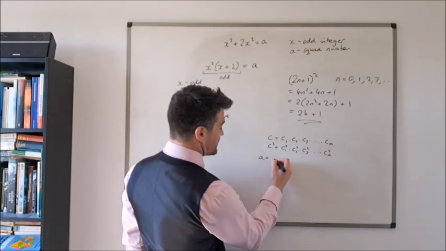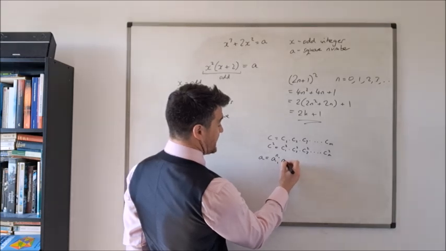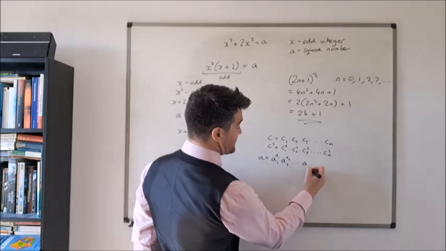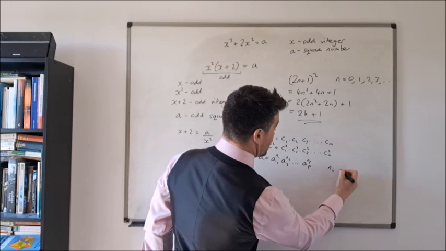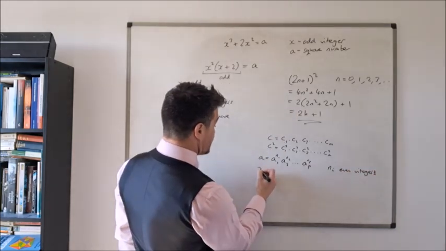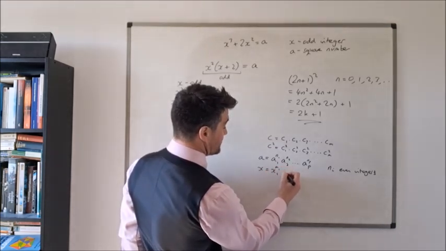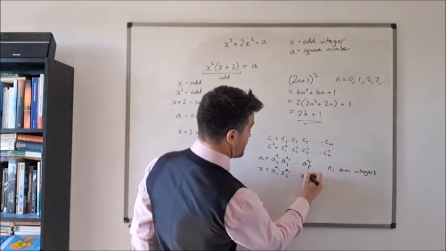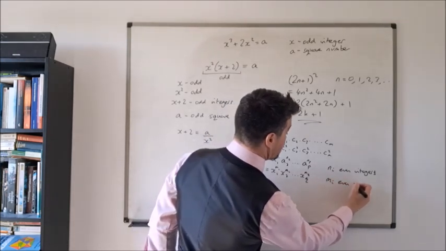So a is equal to, let's say, a1 to the power of n1 times a2 to the power of n2 times, what shall I use, ap to the power of np, where the ni are even integers. x can be written as x1 to the power of m1, x2 to the power of m2 times xq to the power of mq, where the mi, again, are even integers.